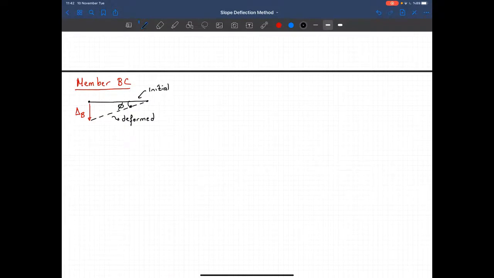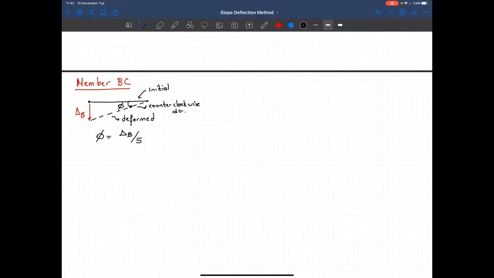And the phi angle this time is in the counterclockwise direction, meaning that the phi angle is equal to delta B over 5. No minus signs this time because chord rotation is in the counterclockwise direction.